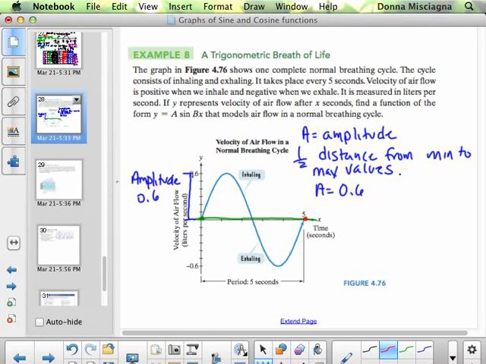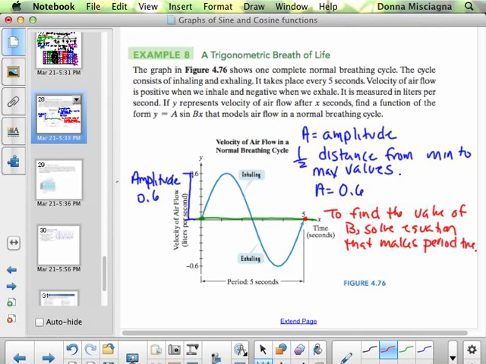So to find the value of B, we want to solve the equation that makes our period true. All right, so our period is 5.